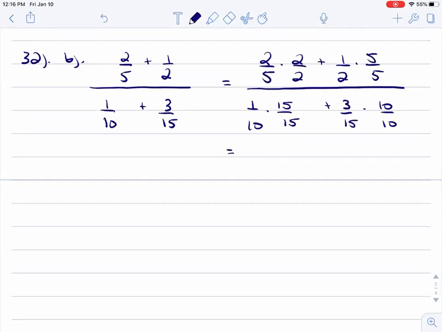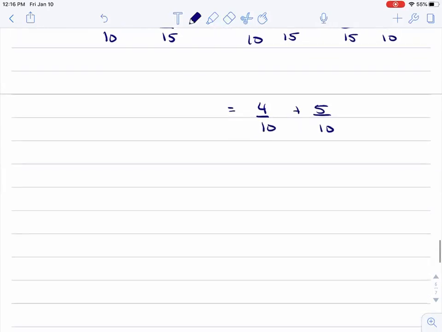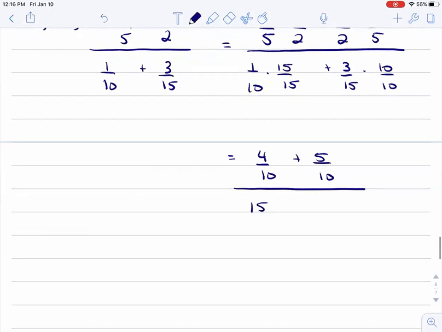Going through here, I get 4/10 plus 5/10, all divided by 15/150 plus 3 times 10 is 30/150.